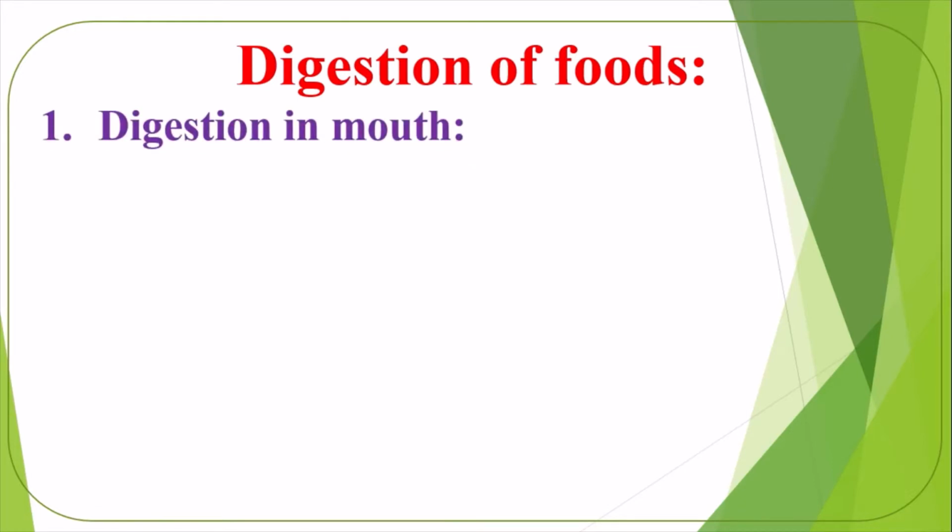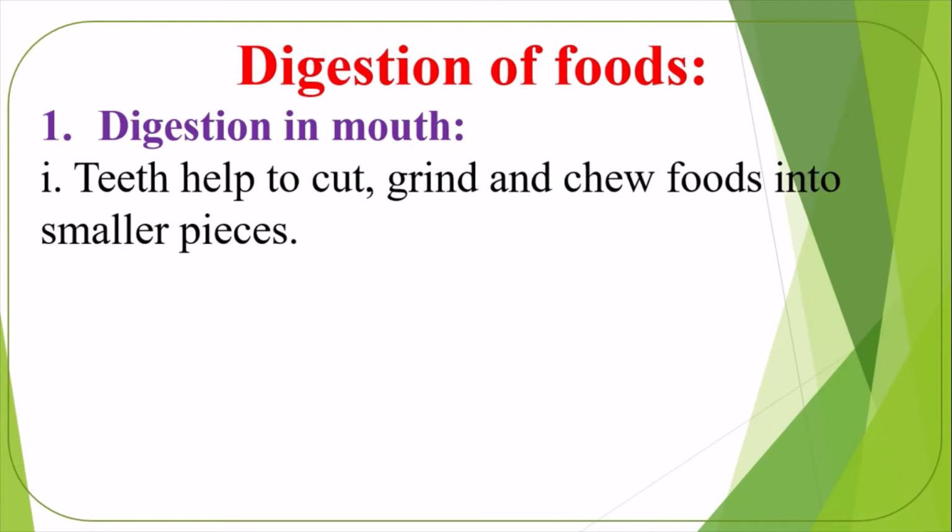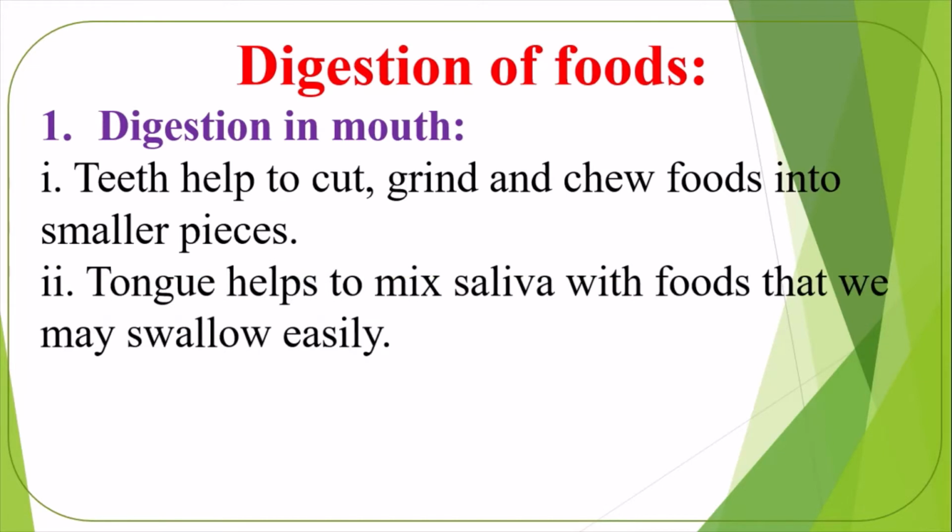Digestion in mouth. Teeth, tongue and salivary glands are there in the mouth. Teeth help to cut, grind and chew foods into smaller pieces. Tongue helps to mix saliva with foods so that we may swallow it easily.